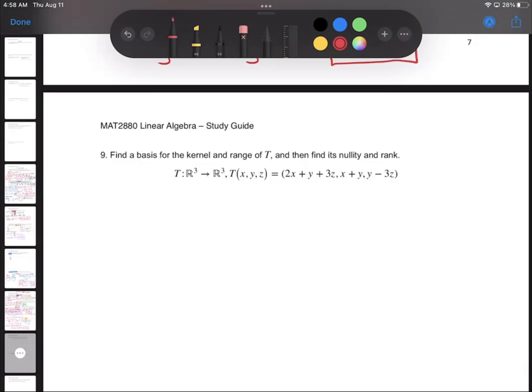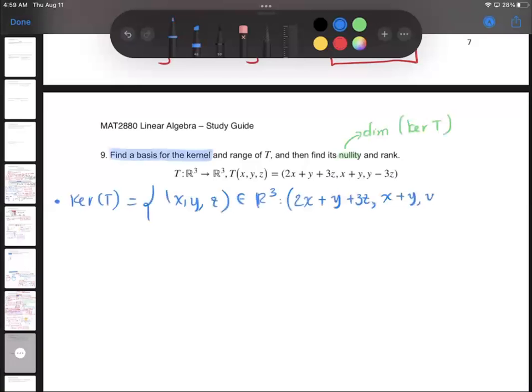According to the definition, the kernel of T is the set of xyz, in this case, of course in R3, such that 2x plus y plus 3z, x plus y, and y minus 3z equals 0, 0, 0.